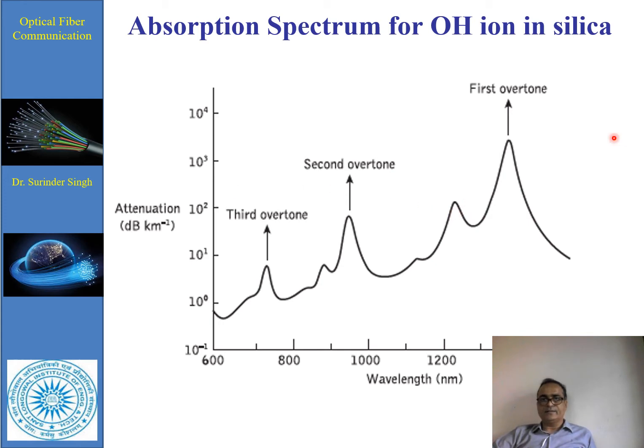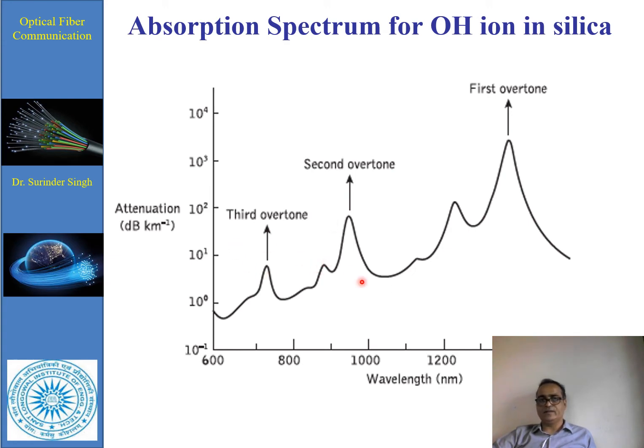Because this first overtone causes a bigger attenuation in dB per kilometer, absorption gives attenuation of around 2 dB per kilometer per part per million and 4 dB per kilometer. The second overtone is around 950, which gives attenuation around 1 dB per kilometer per part per million of the hydroxyl ion.